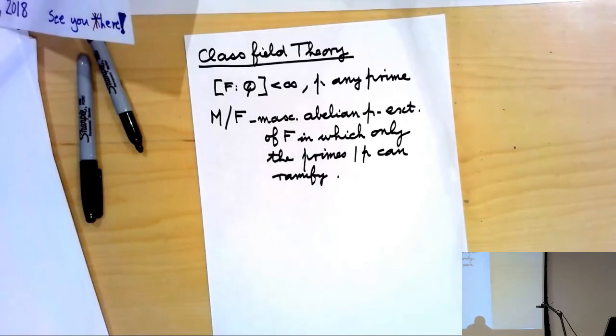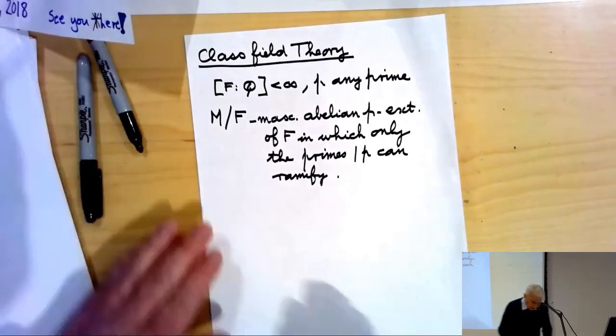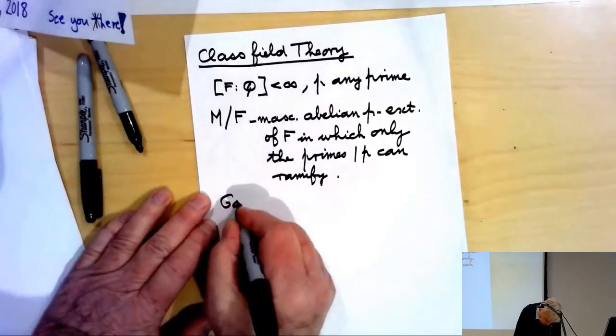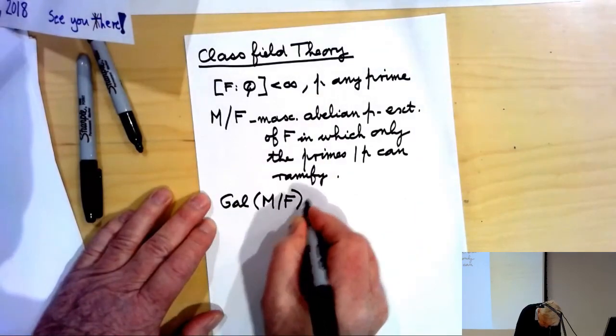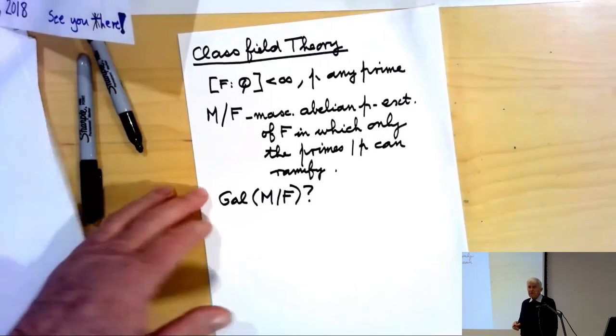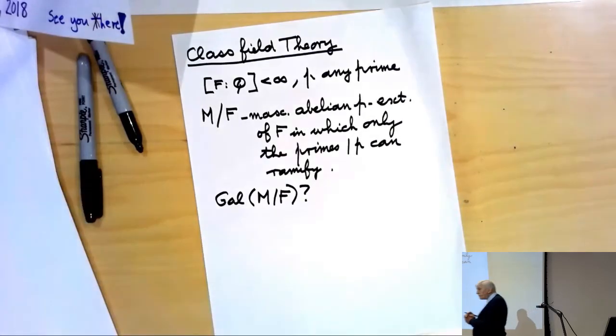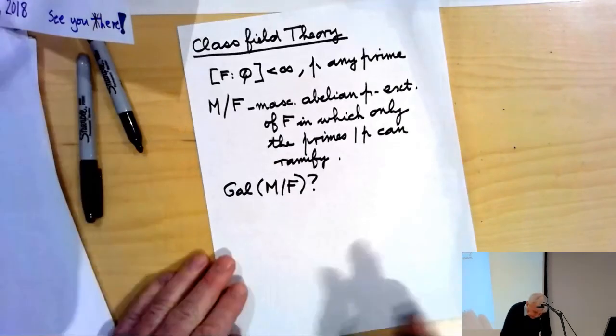And now, what is this Galois group of M over F? Well, this is where global class field theory gives us an answer which on the face of it is very beautiful. And the answer is the following, that we have an exact sequence.